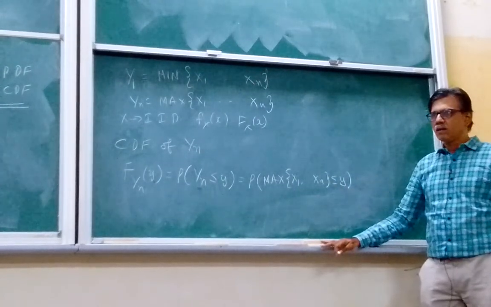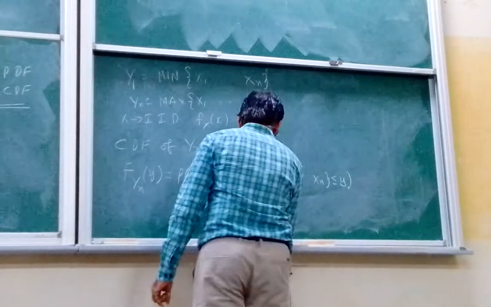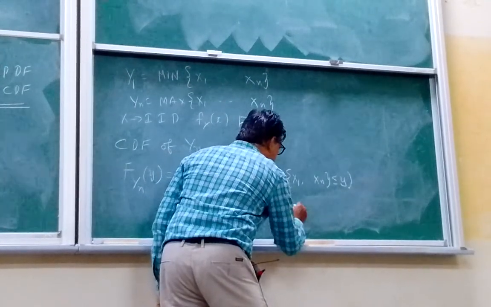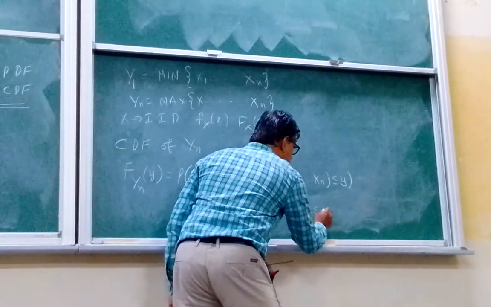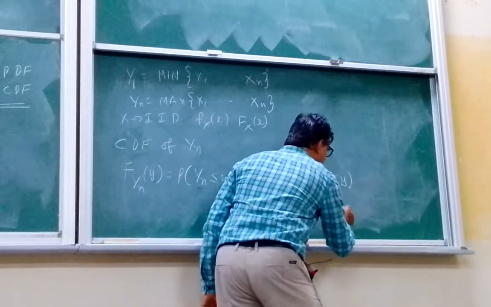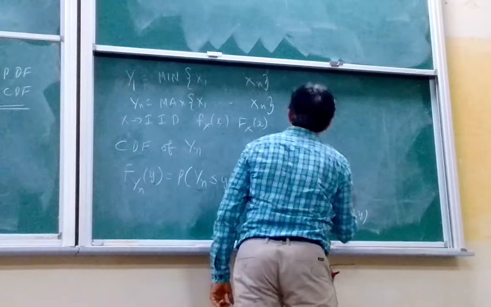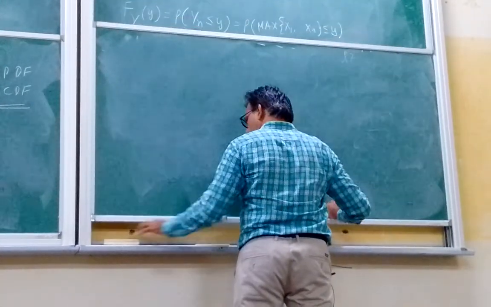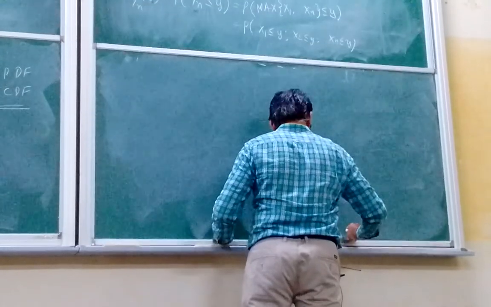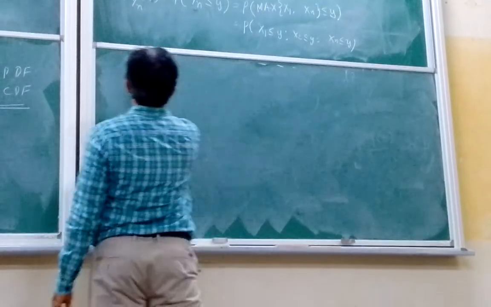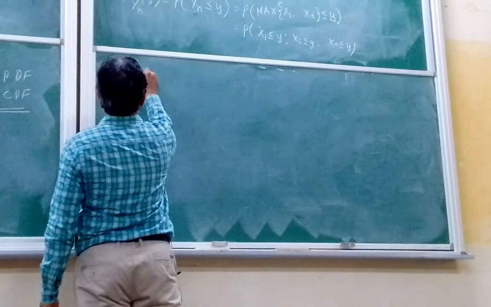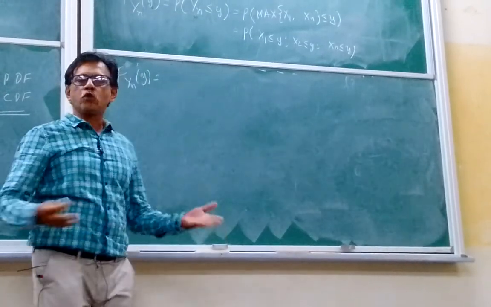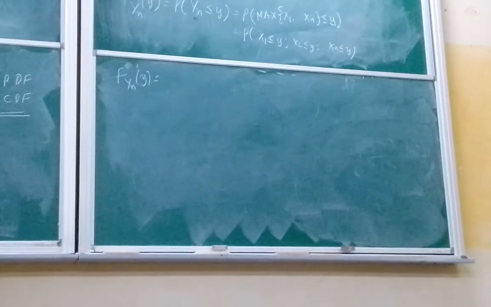Clear? So, write the value as the probability that X1 is less than or equal to y, X2 is less than or equal to y, and so on, Xn is less than or equal to y. So, F_Yn of y is equal to this one. But X1, X2, Xn are all independent random variables.